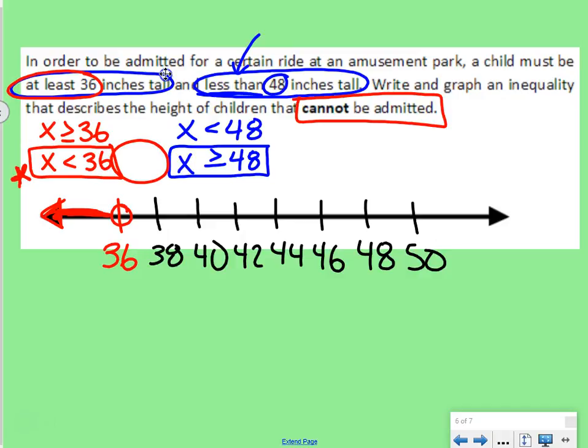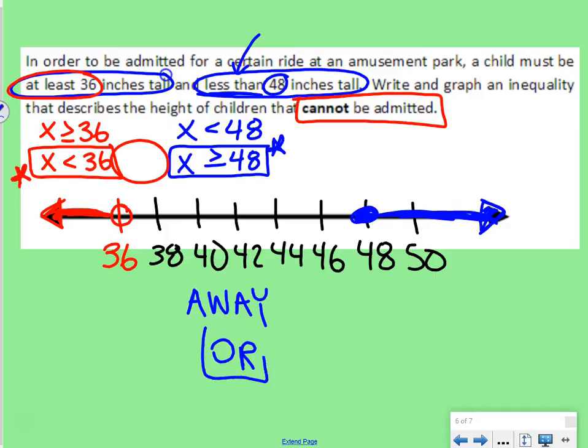So now we can graph x is greater than or equal to 48. Closed circle at 48. And it's greater than, so we shade to the right. And there, if we look, we have an away graph. They're in the opposite direction, so that's an "or" graph. So in the middle here, we would put "or", and there we have our compound inequality.